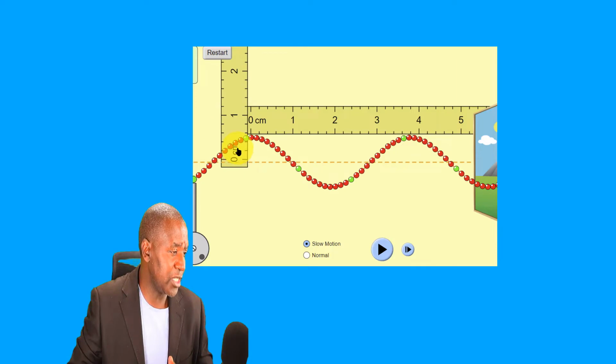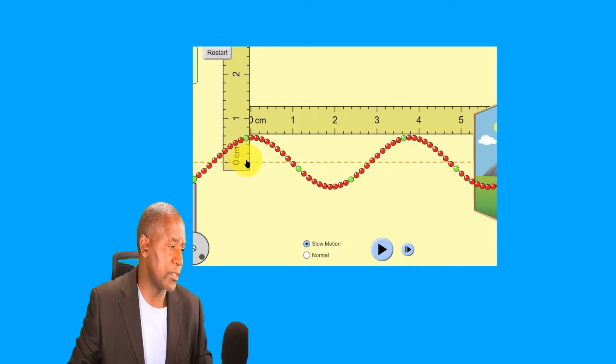For example, this one has a maximum displacement, which we talked about, and we saw that it was actually 0.6 centimeters. So that is the maximum amplitude, and it is positive 0.6 centimeters.